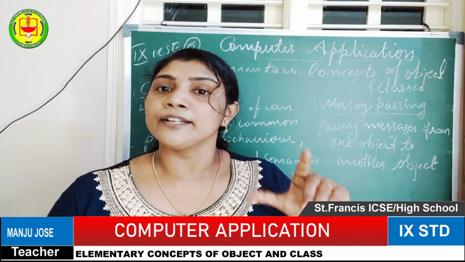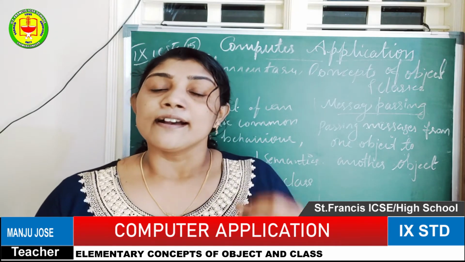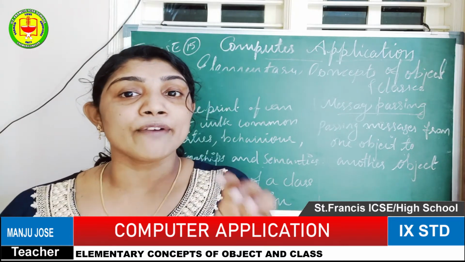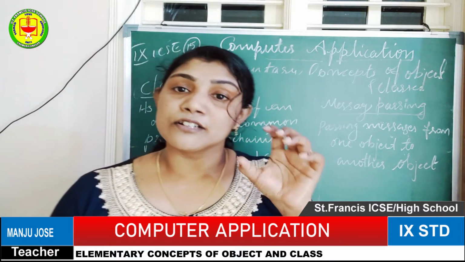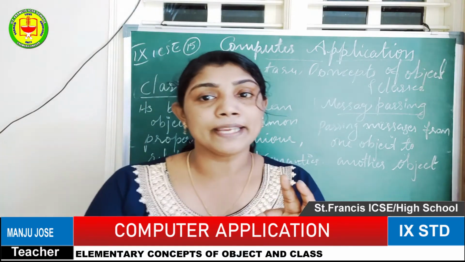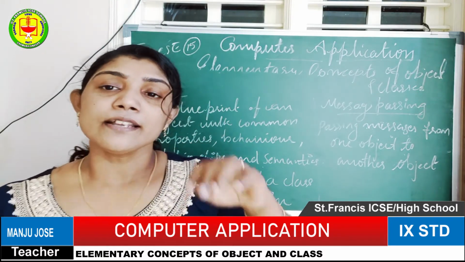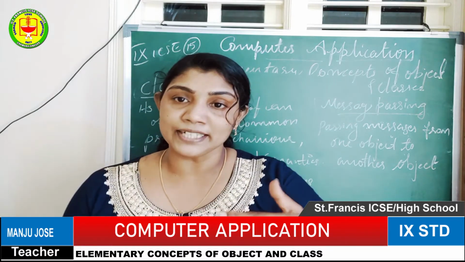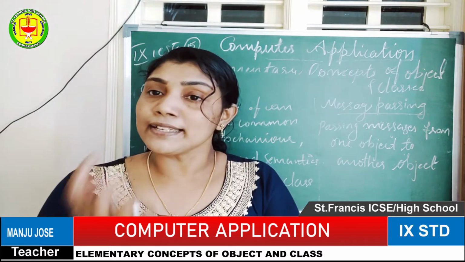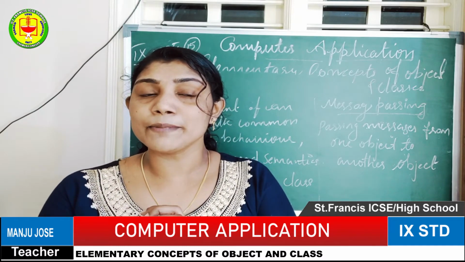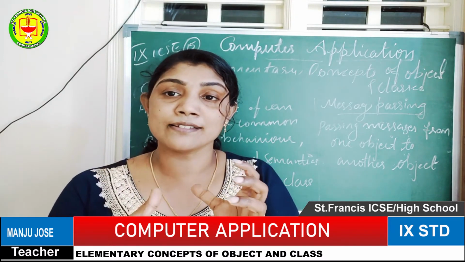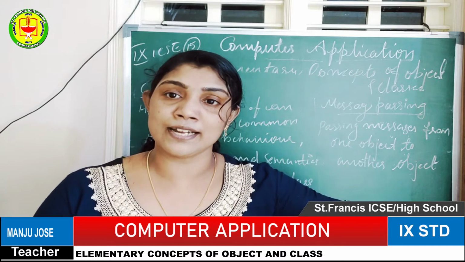Okay, did you understand? Once again, a class is a blueprint of an object with common characteristics, common behavior, common relationships and common semantics. Then we can go in depth into the definition. Common characteristics means the major common characteristics we are using in a particular class.